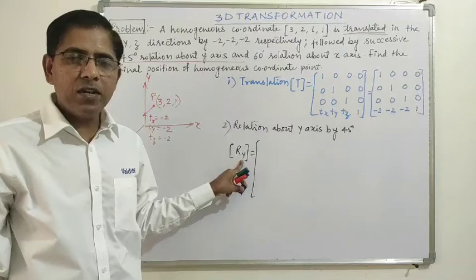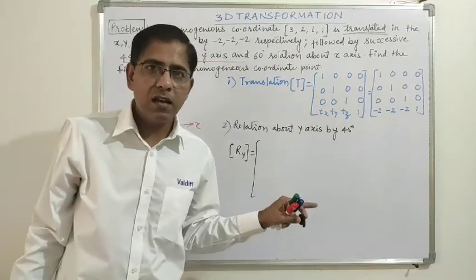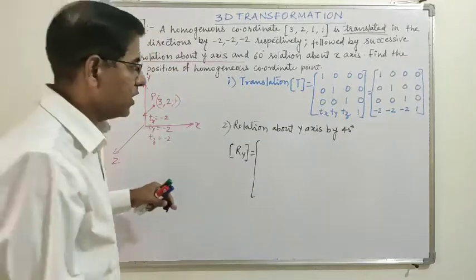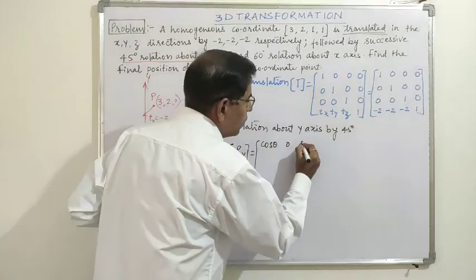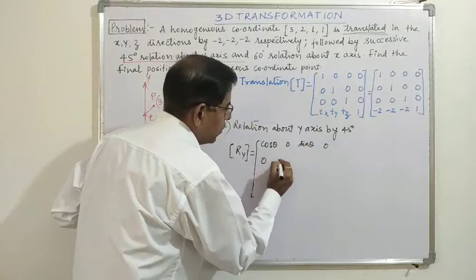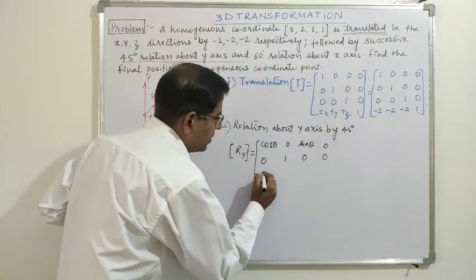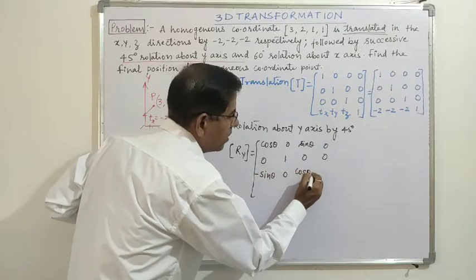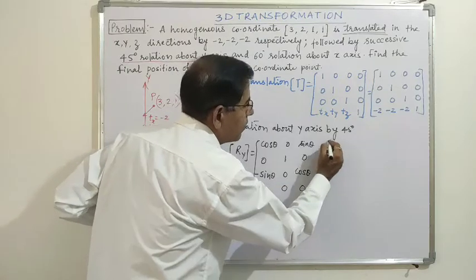Rotation is actually happening in xz plane, so we keep the cos theta, sin theta values on x and z positions. Okay, so it is cos theta 0 sin theta 0, 0 1 0 0, minus sin theta 0 cos theta 0, 0 0 0 1.